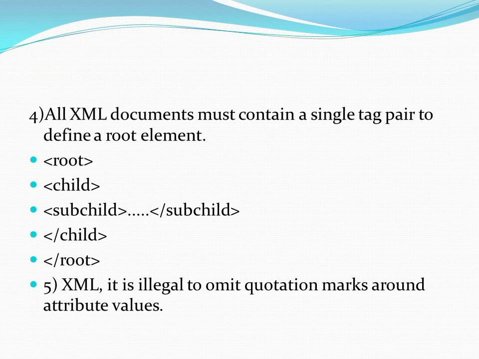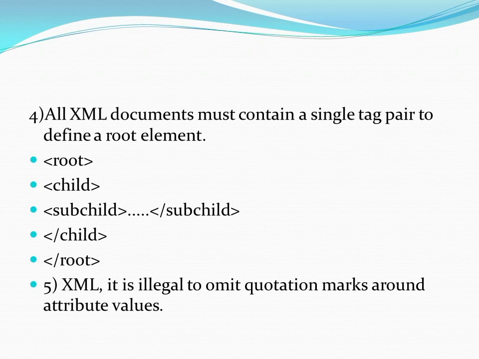Next, all XML documents must contain a single tag pair to define a root element. For example, to see this example: first the root element, second a child, then a subchild, then close the subchild, then close the parent child, then close the root tag.